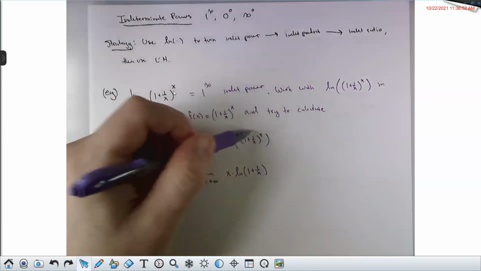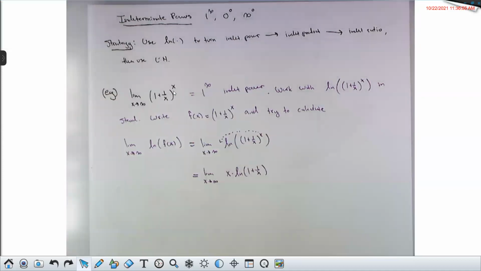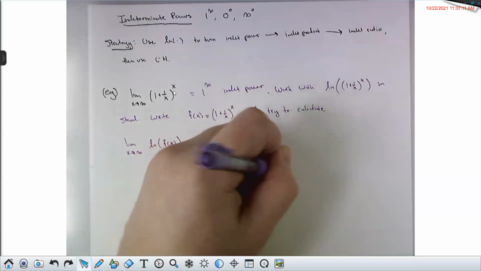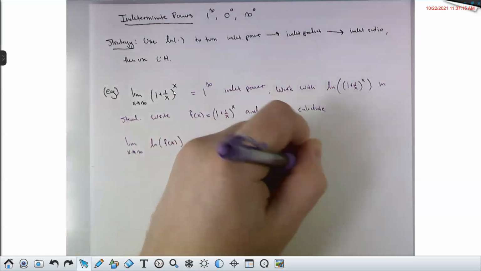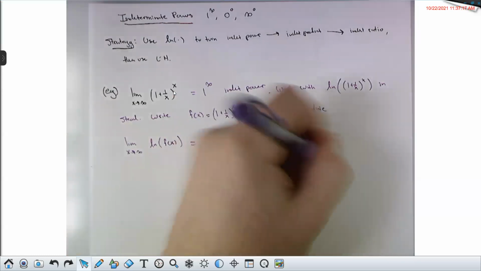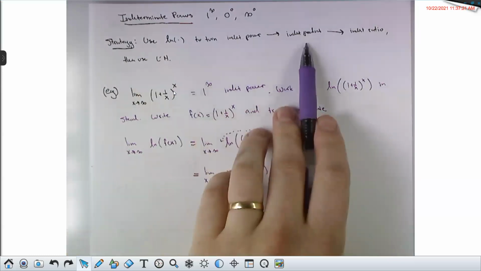So this power can come down here. Remember, the logarithm of a power is that power times the logarithm. If you try to take the limit at this stage, you'll get infinity from the x here times the natural log of 1, which is infinity times 0. So we've managed to turn our power into a product.